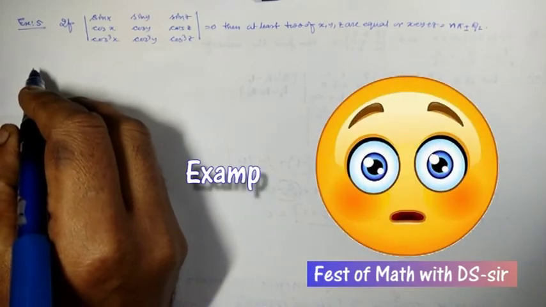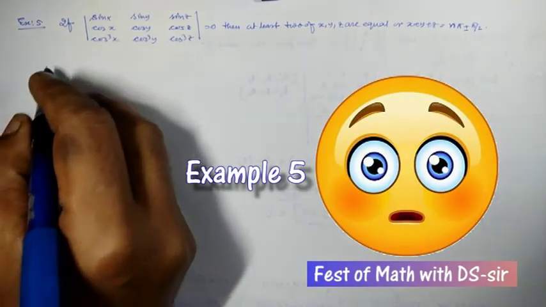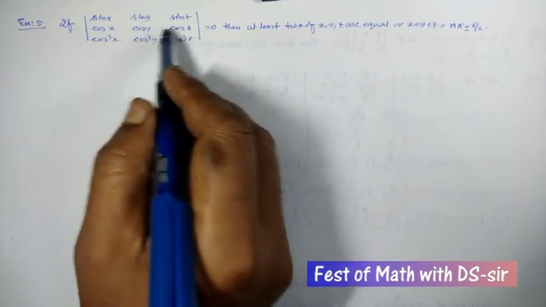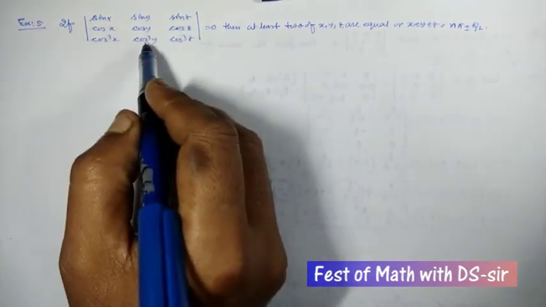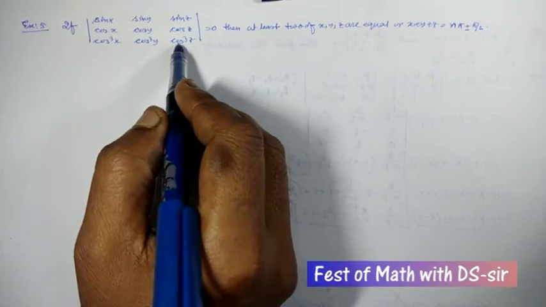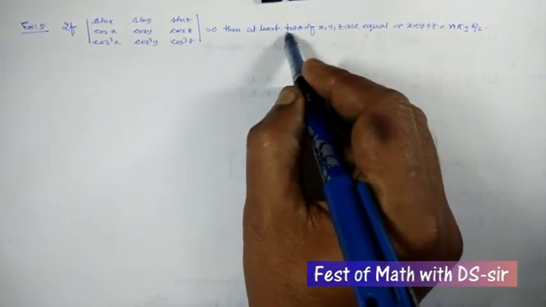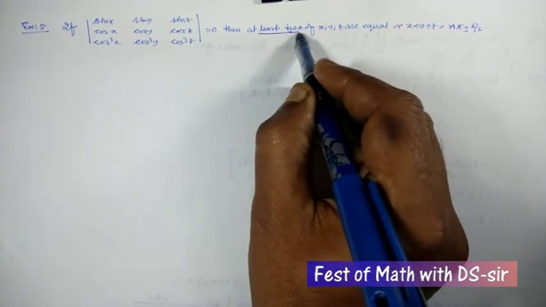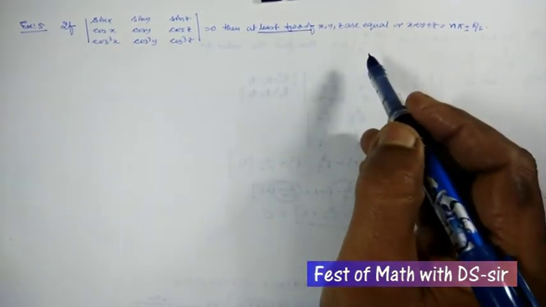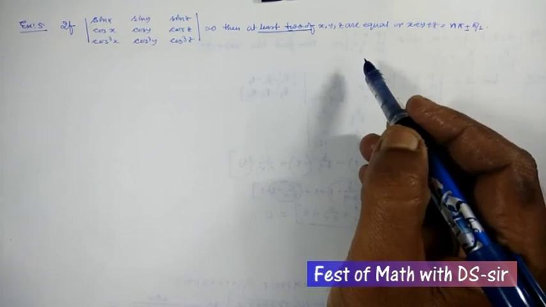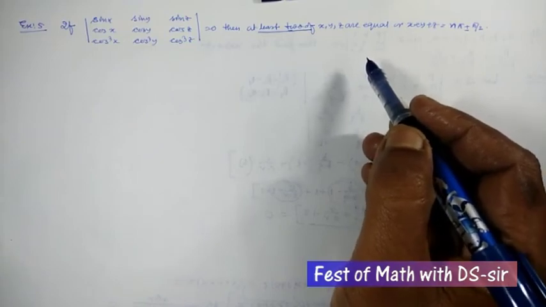Now, fifth and last example of the day. If the determinant with rows sin x, sin y, sin z; cos x, cos y, cos z; cos cube x, cos cube y, cos cube z is 0, then at least two of x, y, z are equal. That is, either x is equal to y, or y is equal to z, or z is equal to x, or x, y, z all are equal.